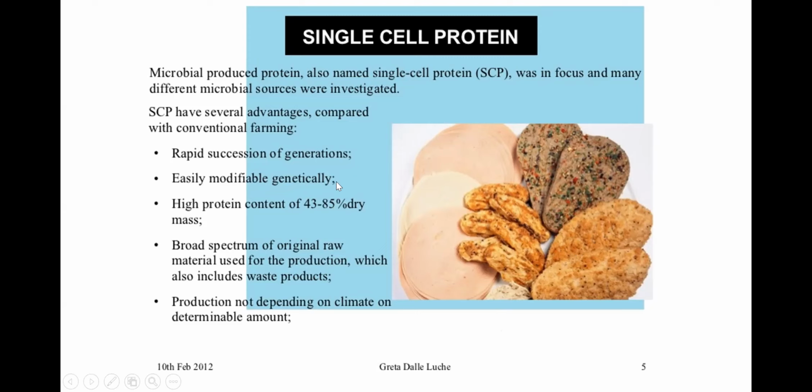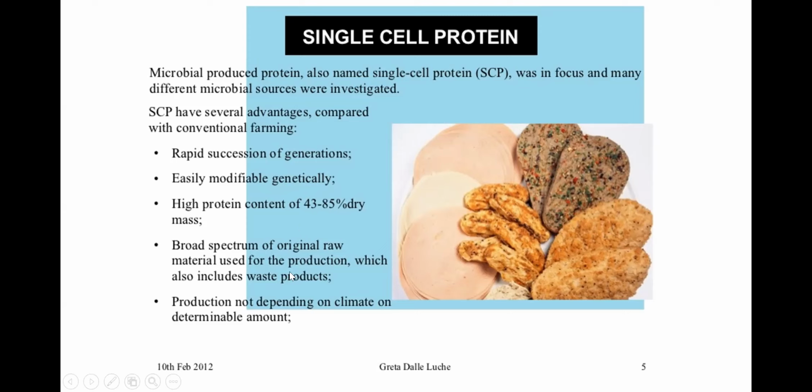If you want to modify the texture and so on, it can be easily GMO, genetically modified. However, in many countries, especially in European countries, there are very strict rules on genetically modified organisms.